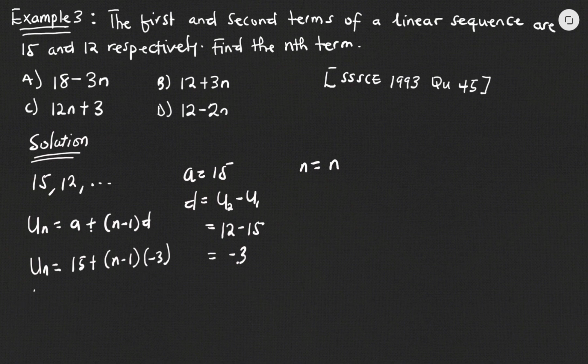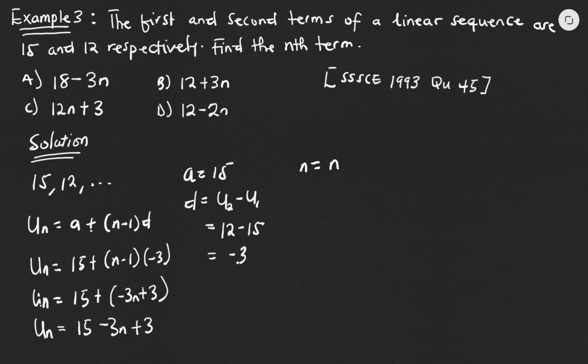So from here I have un is equal to 15 plus negative 3 multiplied by n, which will give me negative 3n. And then negative 3 multiplied by negative 1 will give me a positive 3. So my nth term is 15 minus 3n plus 3.